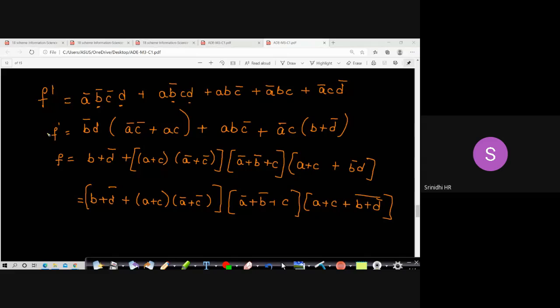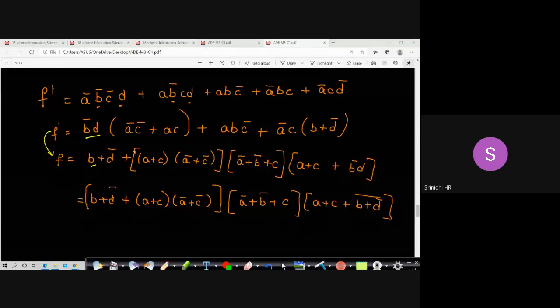Now I'll be converting my f bar to f. This whole boolean expression is left to you; you can reduce this given expression. I have done it in this particular way. Now your sum of product is brought down into product of sum. I'll be converting f bar to f here. So b bar d can be written as b plus d bar.